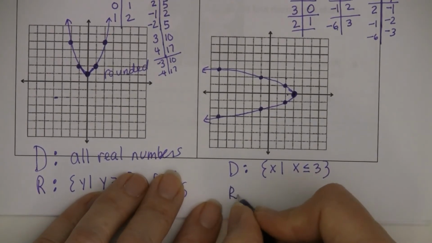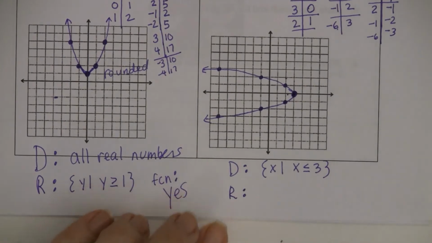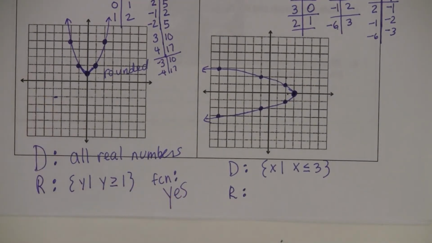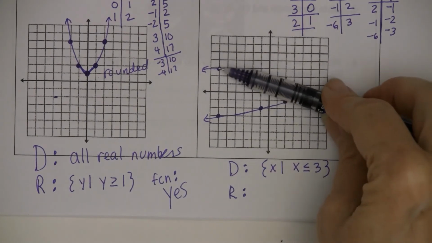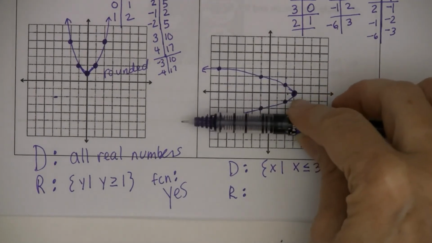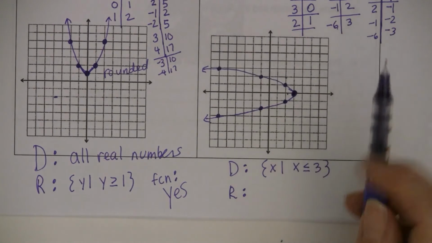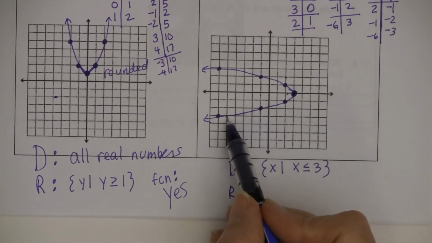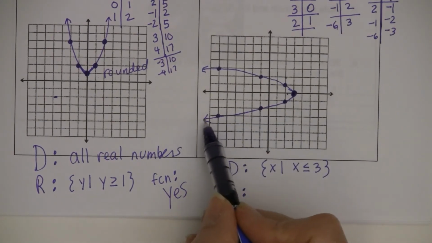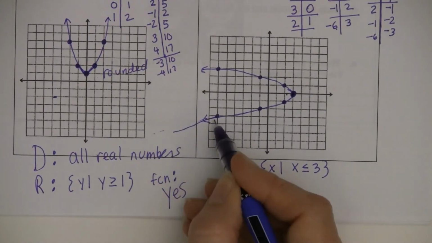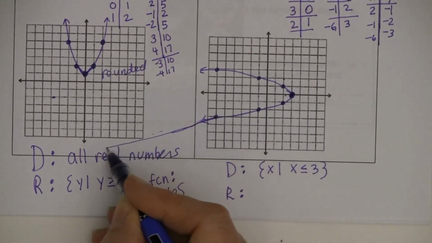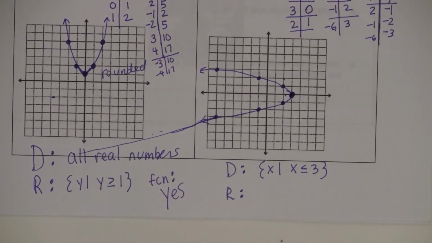Our range, this one is a little bit harder for people to see, but just go with it for a second. If you think about the range as how low does it go and how high does it go, as this is coming out, if I were to extend it, it is very slowly going down and down and down, and it continues that way forever.